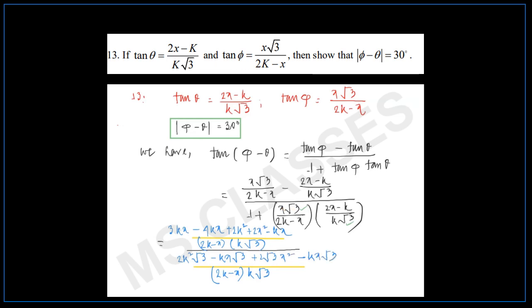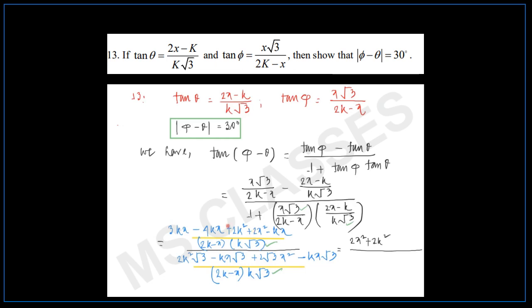Now, why I have kept this part same, so that you can cancel out very easily. Now after this, you have to just simplify. So if you have to simplify, what you get? Here you see minus kx. Here we have 3k, so it is 2k square plus 2x square. This one at first you write 2x square plus 2k square. Rest part you have to simplify.